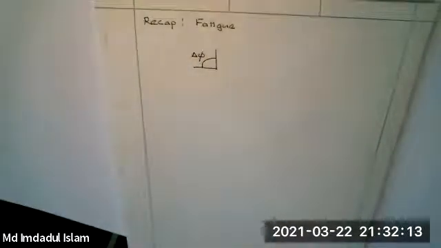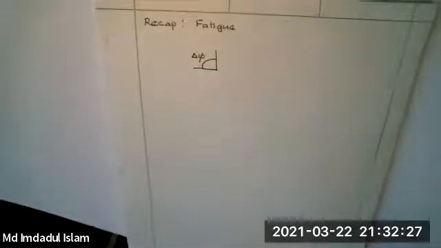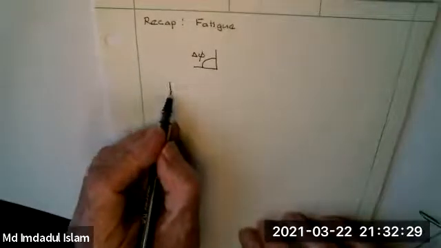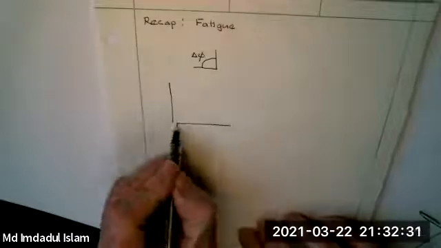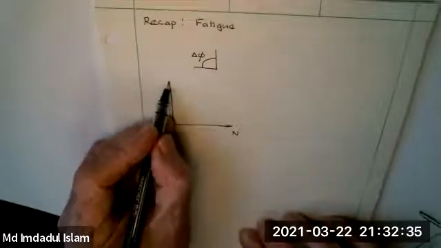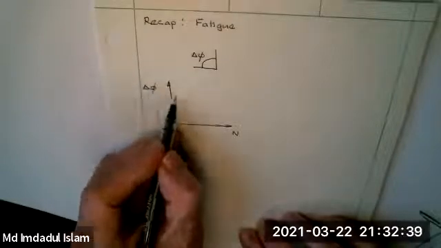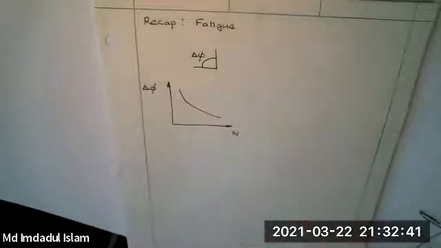And you can do some of these demos. I'm not sure how well, or perhaps I'm not sure how poorly they're getting transmitted in this medium. Probably my lack of skill with using the medium, but you can do these things yourself, and you'll find that you get something that looks a bit like this. When it ends, the number of cycles to failure, and delta phi, as delta phi goes up, you get something like this. Okay, that's what we got.